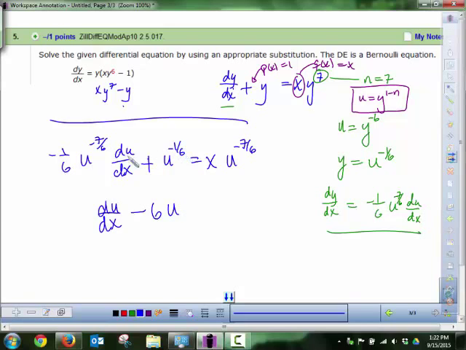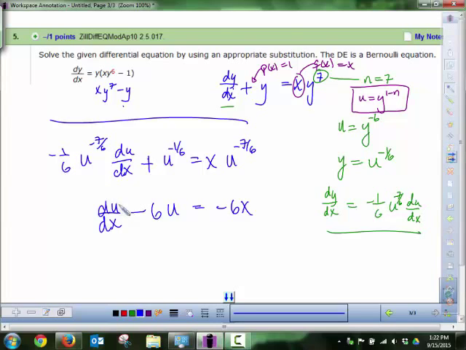Negative 1/6 plus 7/6 is equal to x times negative 6. Okay? There you go.